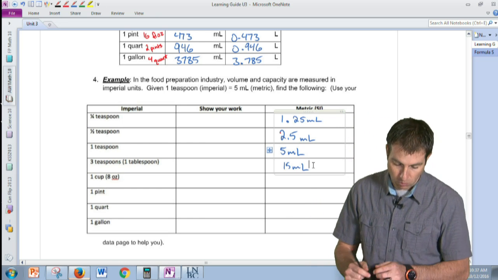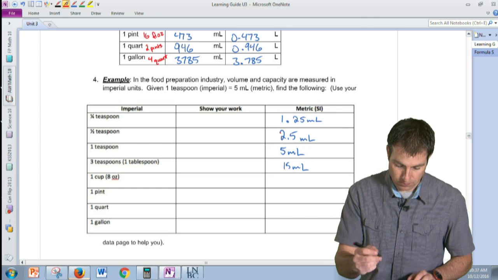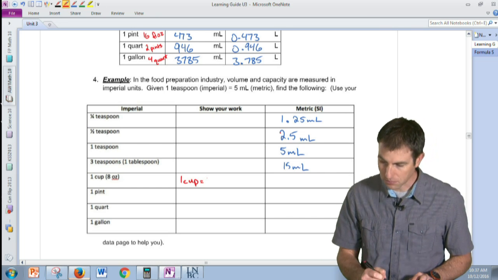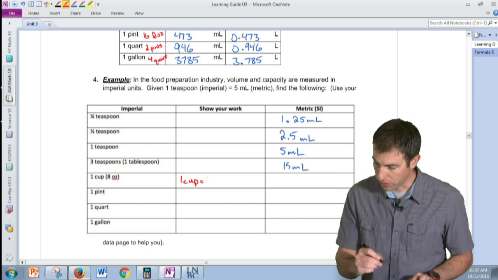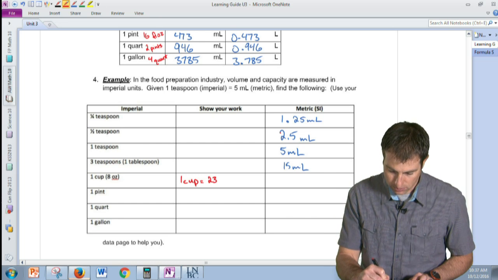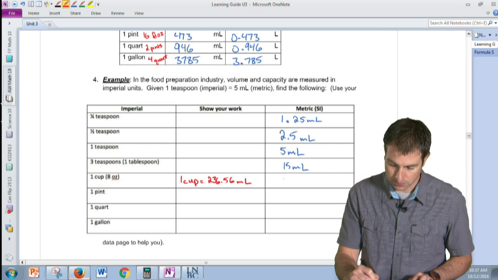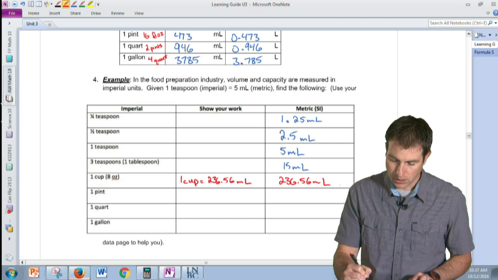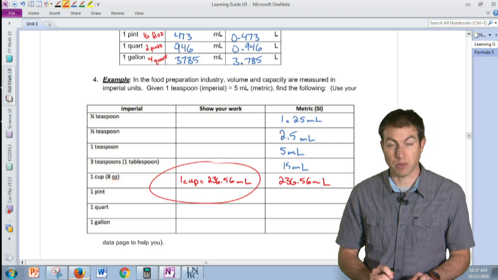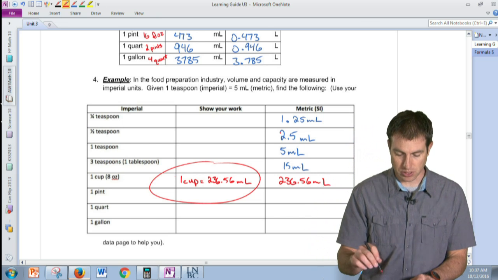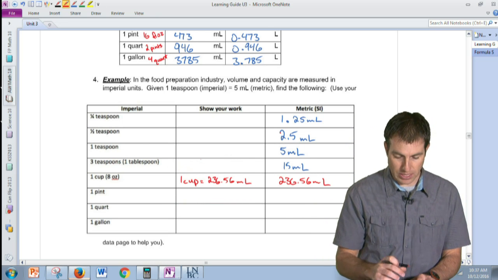And it turns out that 1 cup, this is just from the internet, is, make sure I get this right, 236.56 milliliters. So that is just the conversion from a cup to milliliters, so imperial to metric. I don't know what the significance of the 8 ounces is.